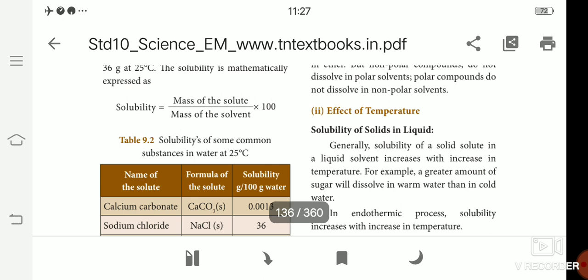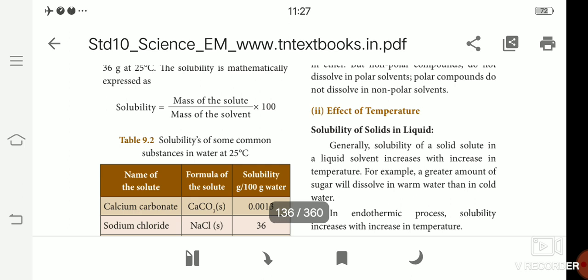Take the soda and coke bottle, everybody has seen one. How is such a large amount of gas dissolved? In these bottles, pressure is applied. In soft drinks, soda and coke bottles, carbon dioxide gas is dissolved by applying pressure. This is the solubility of a gas in a liquid process, and this effect is the effect of pressure.